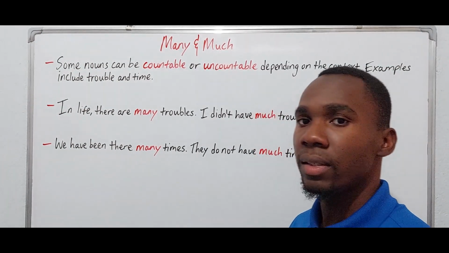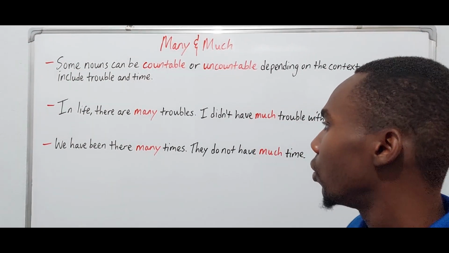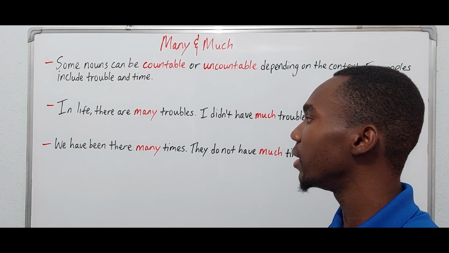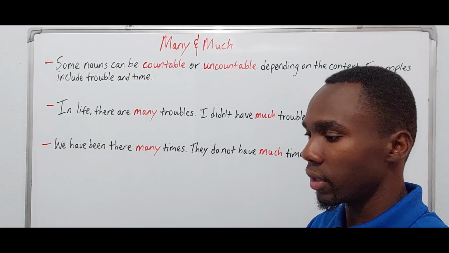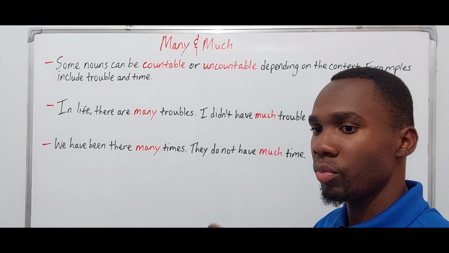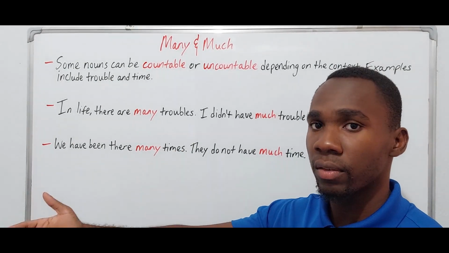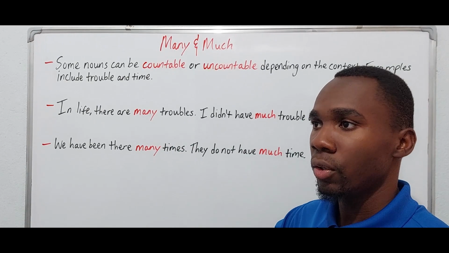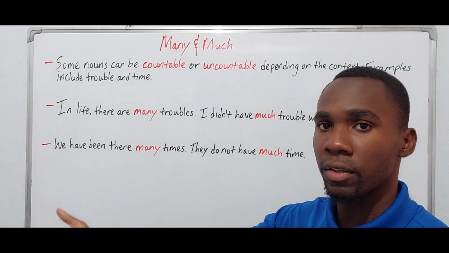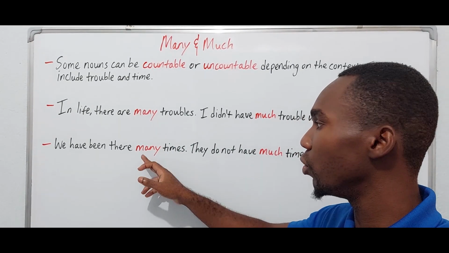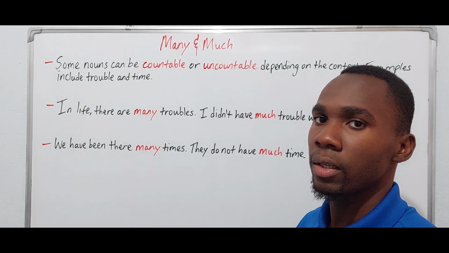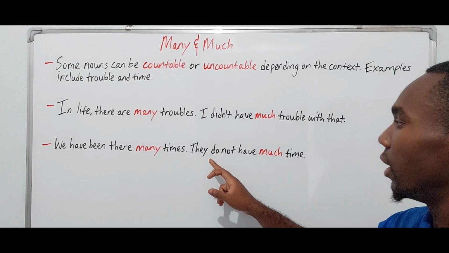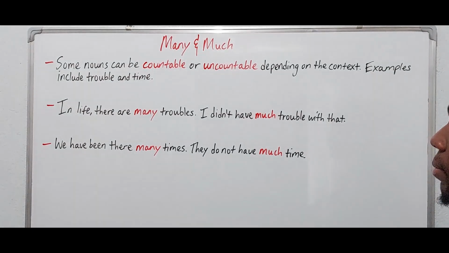Next example, time. So we have been there many times. Okay, so times would be plural, times would be countable, times would refer to occasions that can be counted. Therefore, we use many. We have been there many times, right? Conversely, they do not have much time.